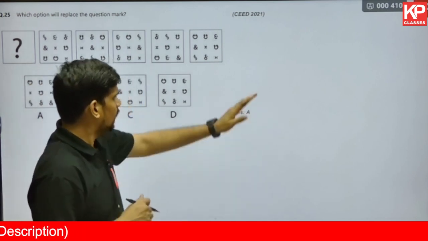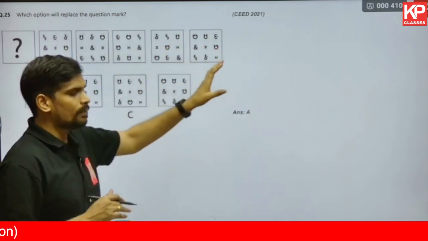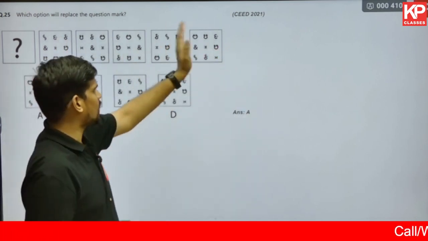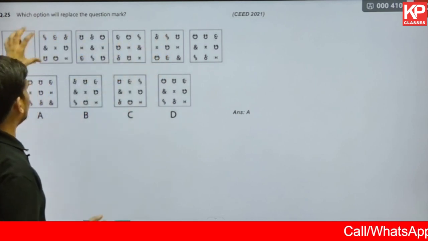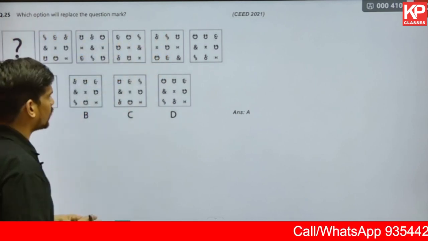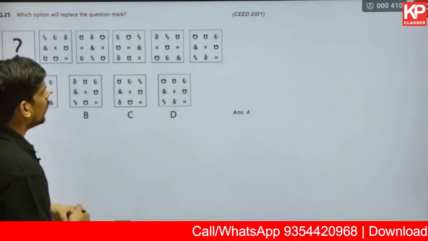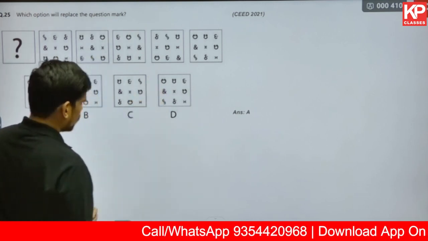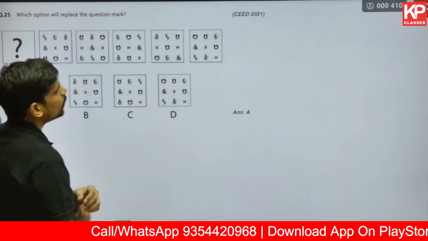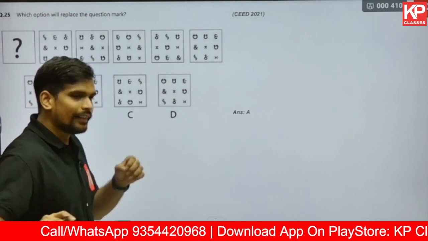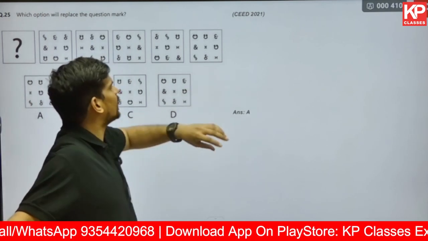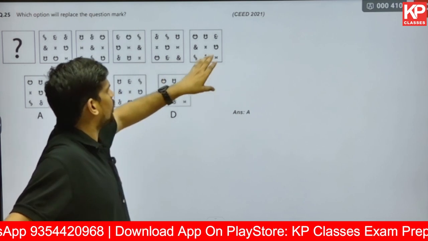Other than that, you need to see what will come in this place of question mark. Now if you observe, this is a question which will need to work from left to right. So see what is changing over here, look for proof of concept, and then apply the same logic for the question mark or the missing part. One thing you can first observe over here, look for pairs, look for symbols. In fact, you can look for any object and see where that object is going in the next composition.